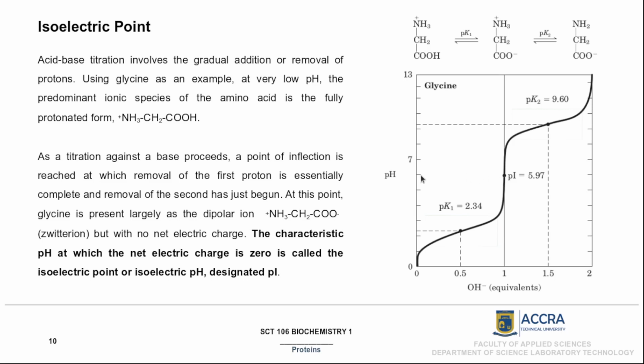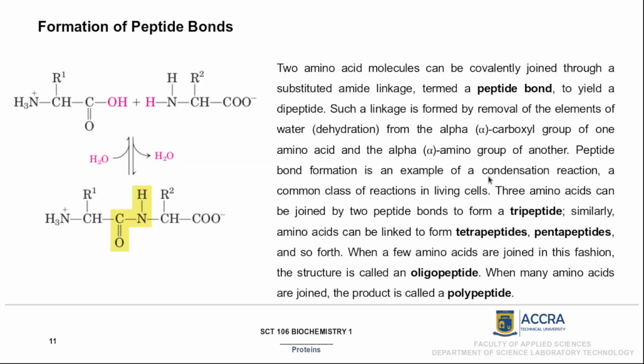Now, the characteristic pH at which the net electric charge is 0 is called the isoelectric point or isoelectric pH, and it is designated with the symbol pI. So this is what is termed the isoelectric point in acid-base titrations of amino acids.